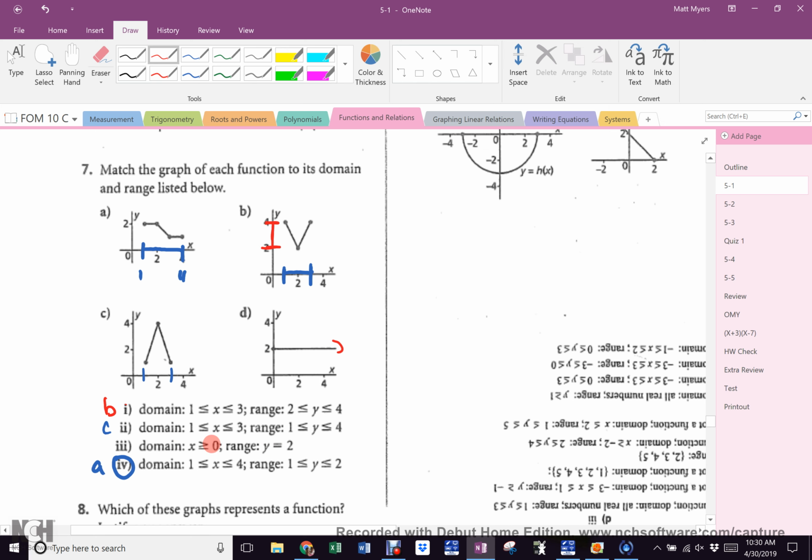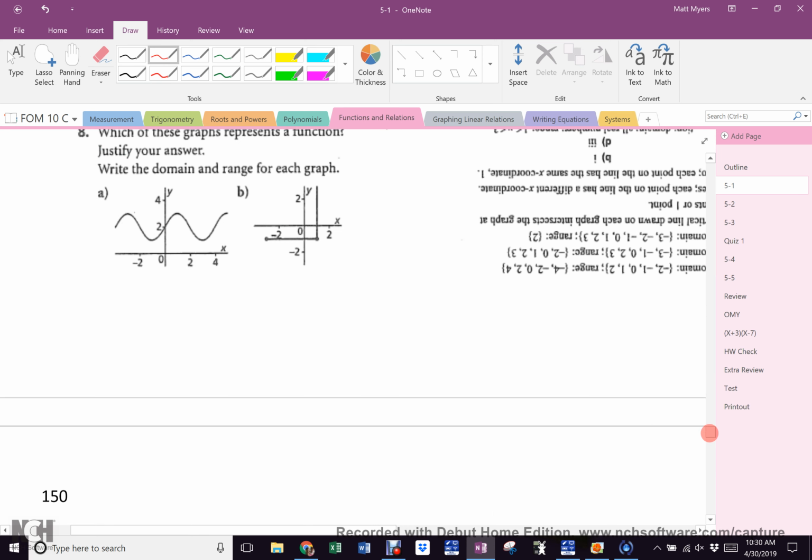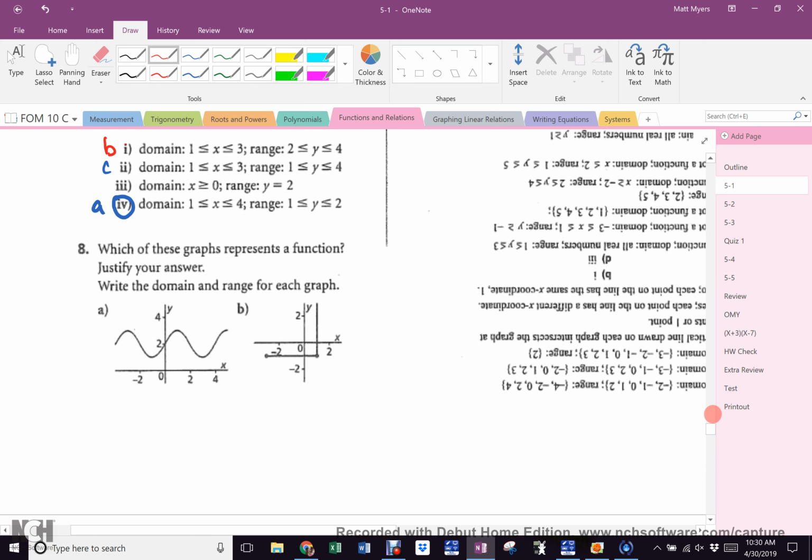Because every X value is going to be bigger than 0. Would I ever have this line over here somewhere where X's are negative? But it starts right there with the dot. Everybody understand? Okay. Did we do 8 yet? Kinda? Like, have we done a couple of them?